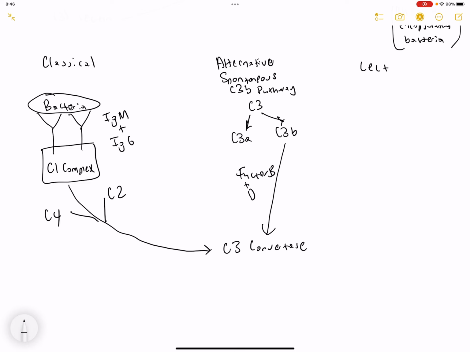In the lectin pathway, we have something called a pattern recognition receptor. This is a protein that is going to bind to the carbohydrates produced by pathogens.